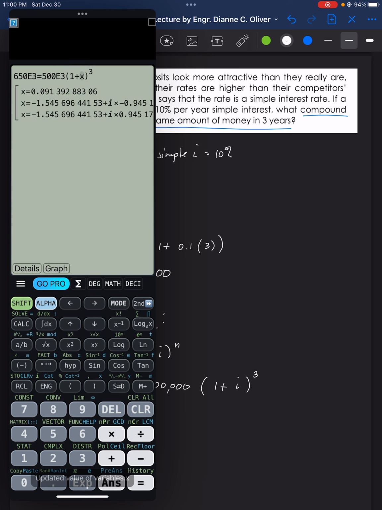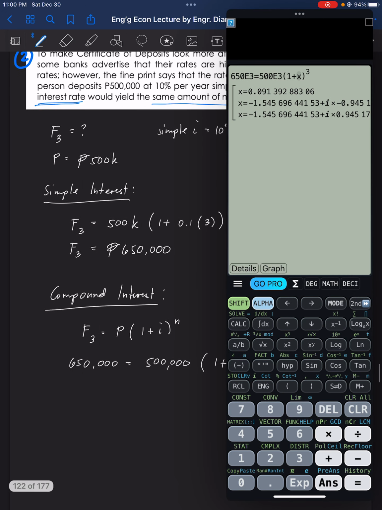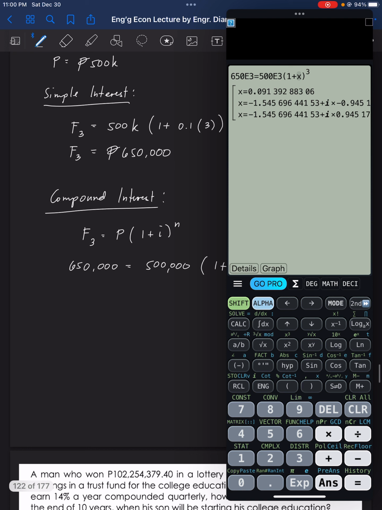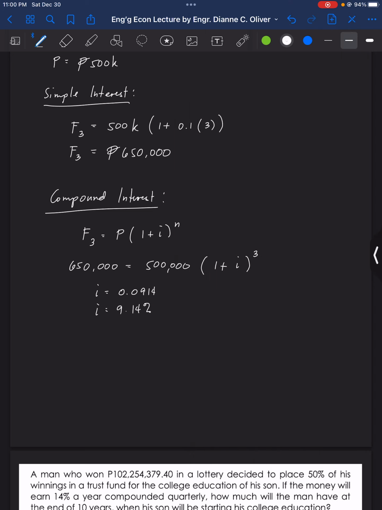So shift solve. Which among these? Of course the first one, 0.091. So i is equal to 0.0914, or 9.14%.